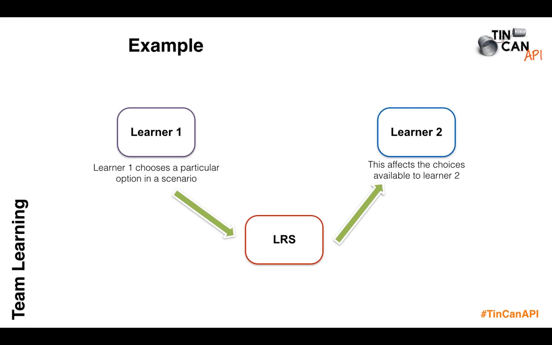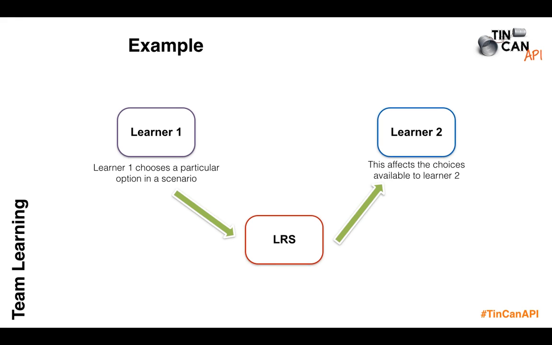So, one example, learner one chooses in a scenario that feeds into the LRS, and that affects the choices available to learner two. If learner one does something wrong, it has an impact on what learner two needs to achieve. So this is going to work really well for scenario-based training, scenario-based learning experiences.